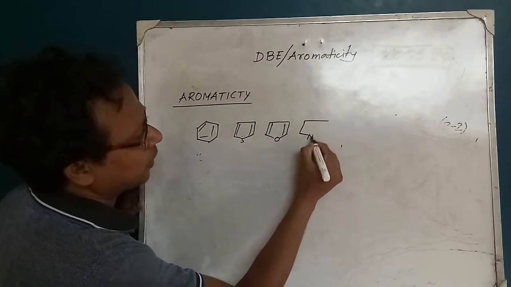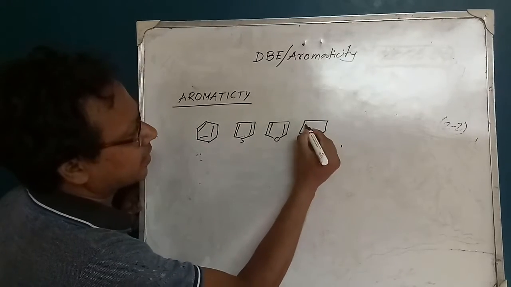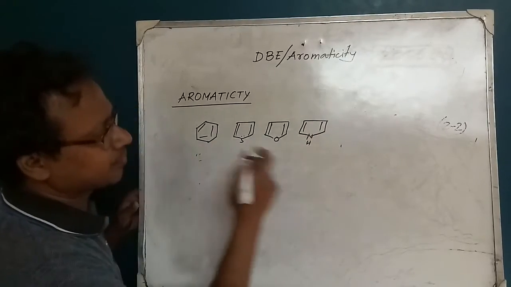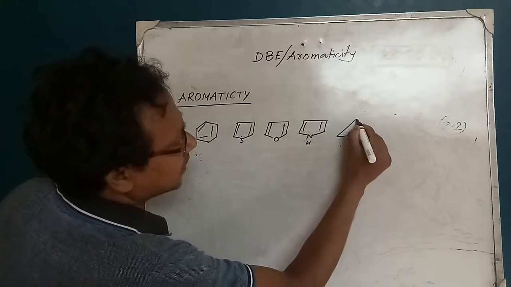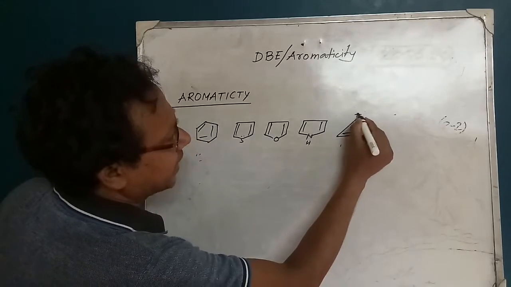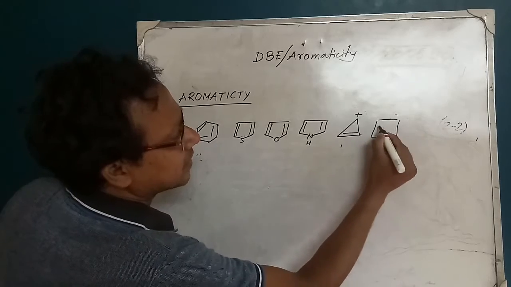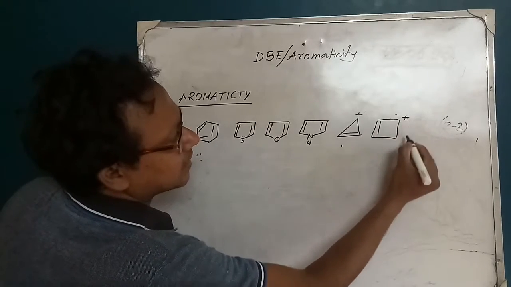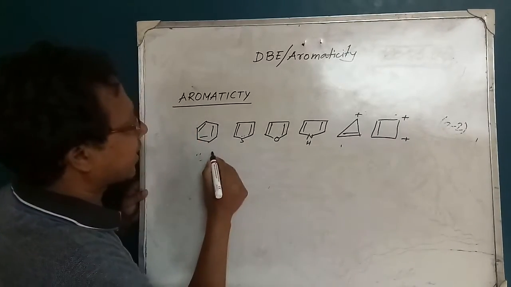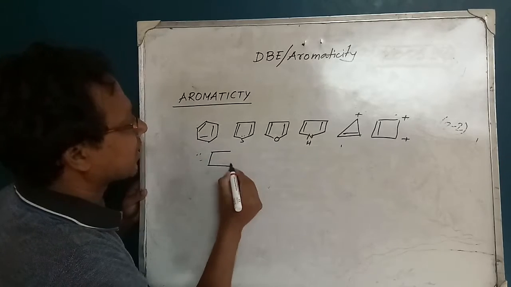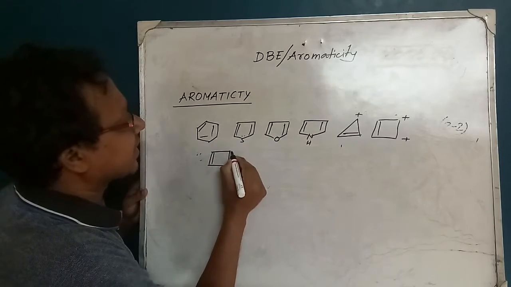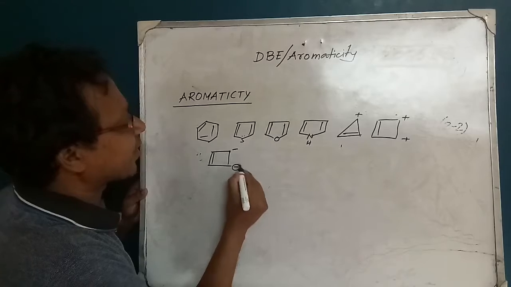That is pyrrole, an aromatic compound. That is cyclopentadienyl cation. It is also aromatic, and it is also aromatic.